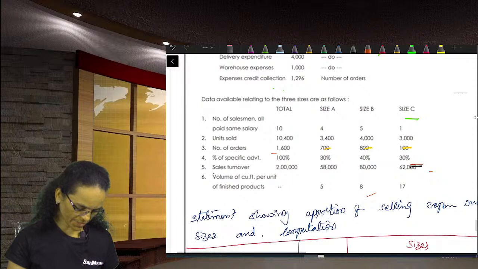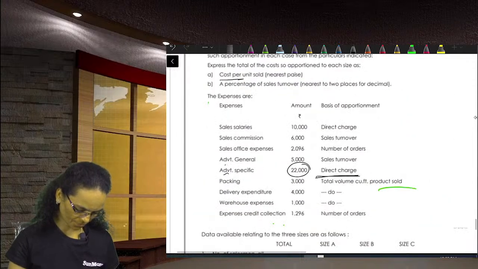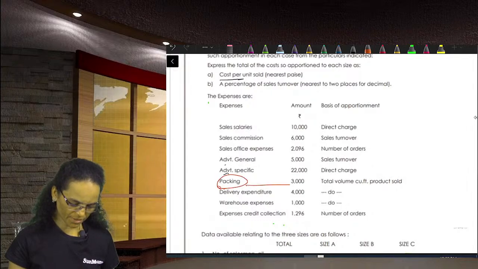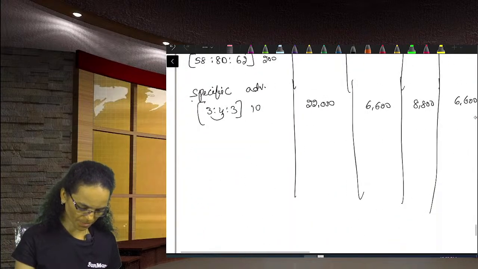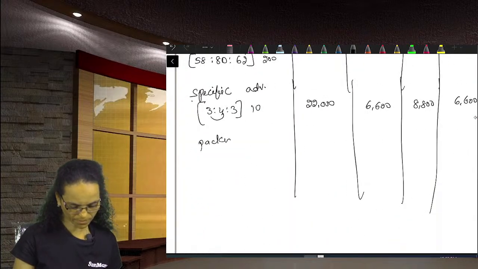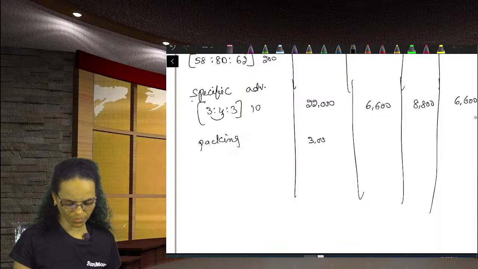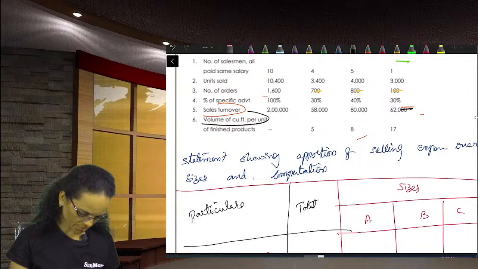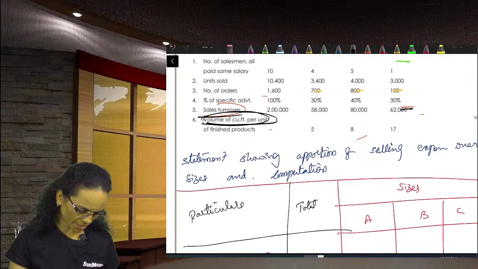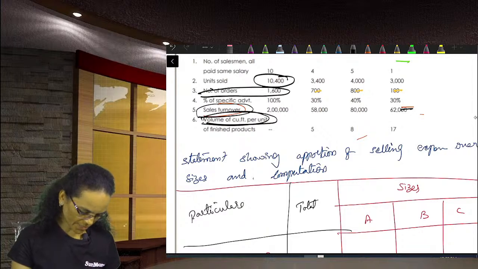Next one, packing, 3,000 rupees on total volume. Volume is here: this is sales volume per unit, and sales turnover is this one, and number of orders is this one, units sold is this one.